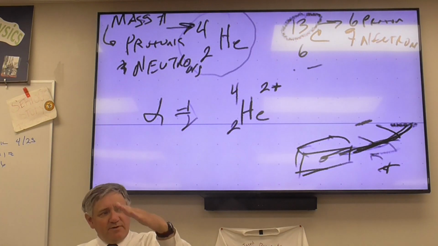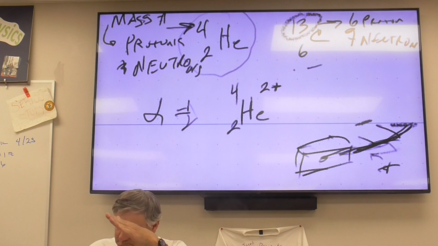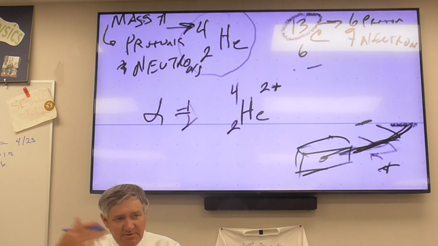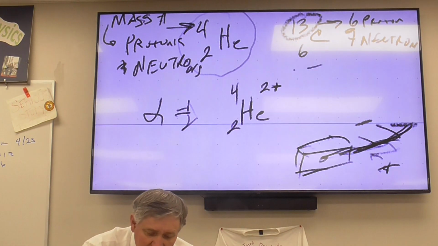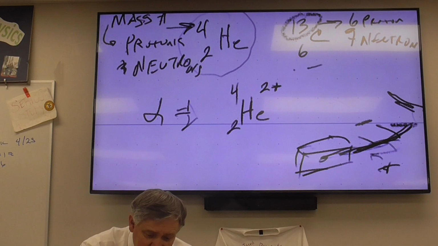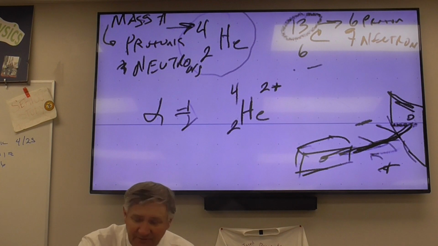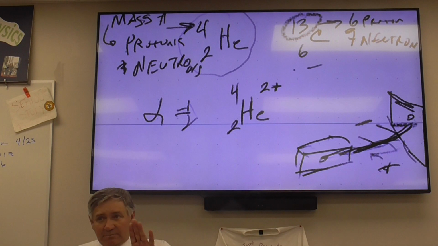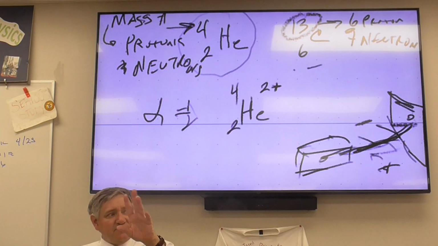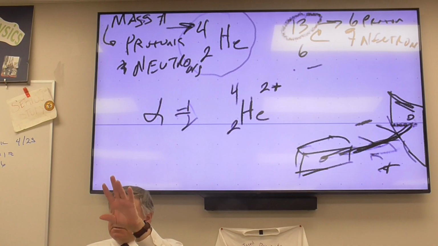He goes, oh, right, the only way that can work is if these particles are coming up in a path like this, which means that they have to have a positive charge. And again, this is like from that book yesterday. You could not see them. So what they would do is they would have a phosphorescent screen in a dark room, and they would see little flashes of light. So old school.